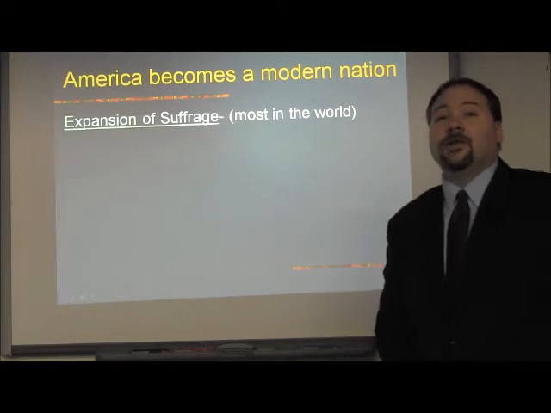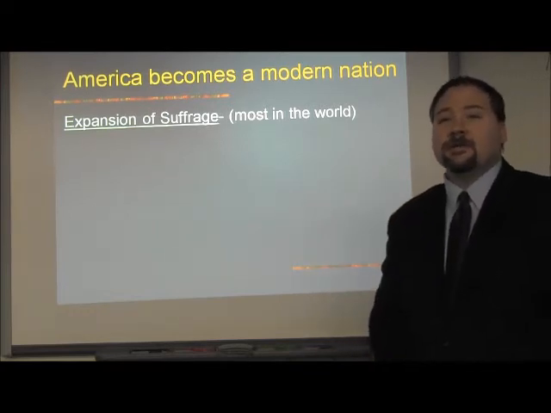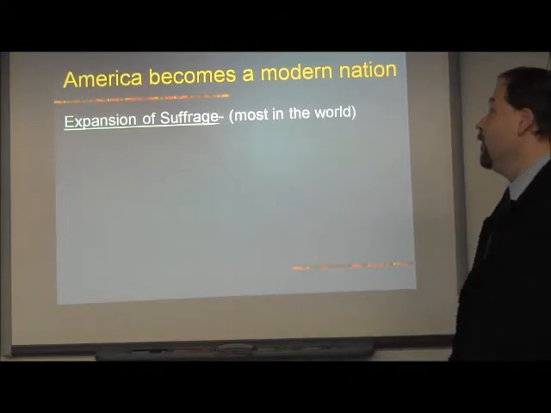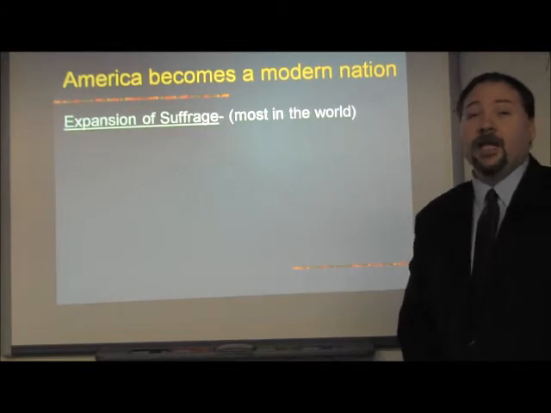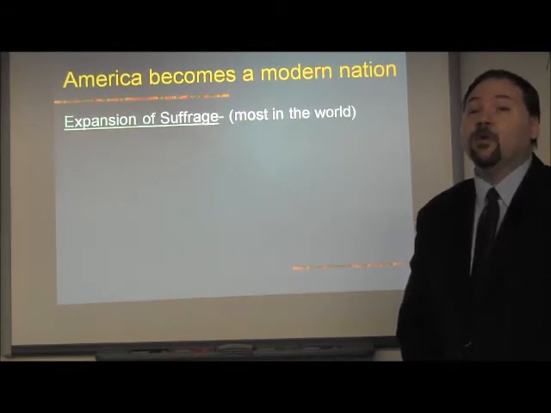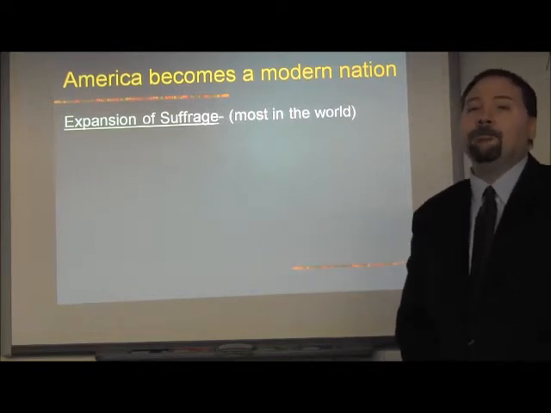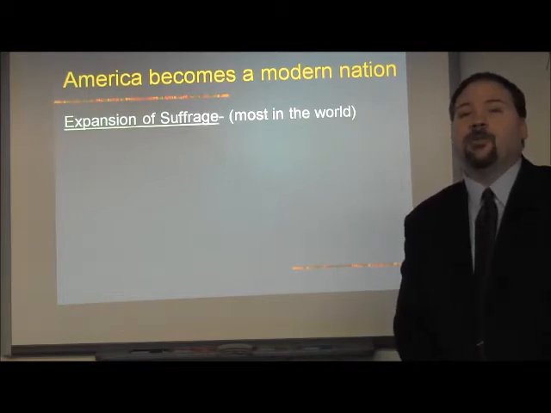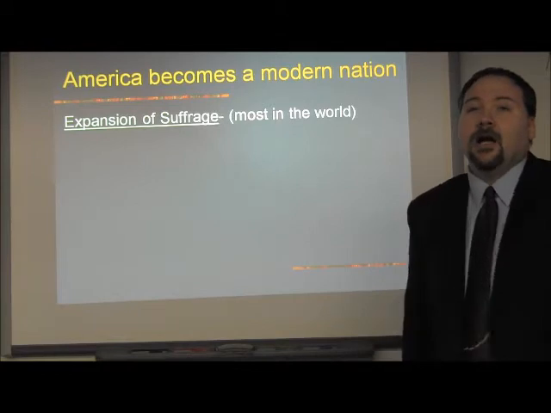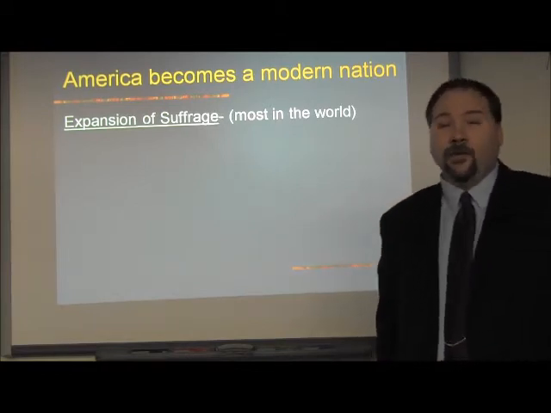As I mentioned a little earlier, suffrage means the right to vote. Sometimes we get confused that it's just women's right to vote, but the word suffrage means anyone's right to vote. And at this time we have the expansion of that to include more people than any other nation on the planet. Now we're still talking about white men for the most part, and in most cases we're still talking about owning property, but the property qualifications are so low that almost all white men can vote.